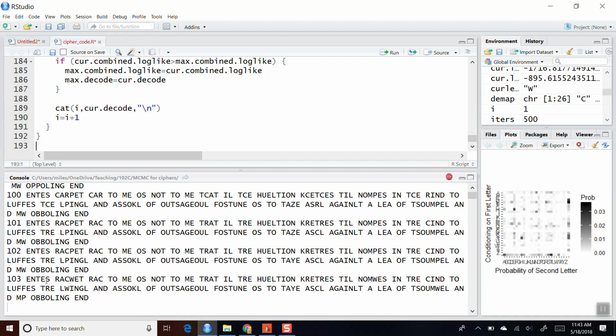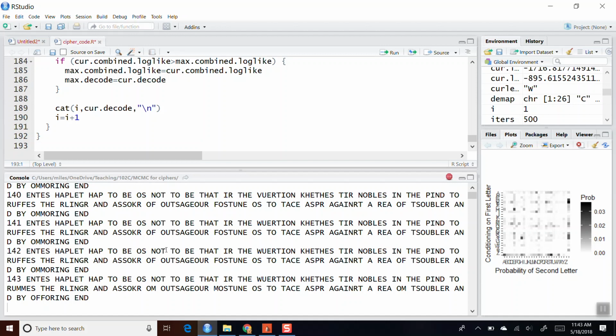Now we have entes, lakwet, lak to be, os not to be, and it's figured out not to be and stuff like that. And we've got nobles in the pinned to ruffles the relinger, but it's starting to get closer, and we've found like fostuin, vortian, entes, haplets.